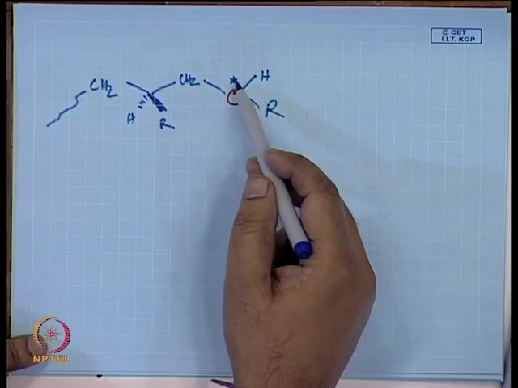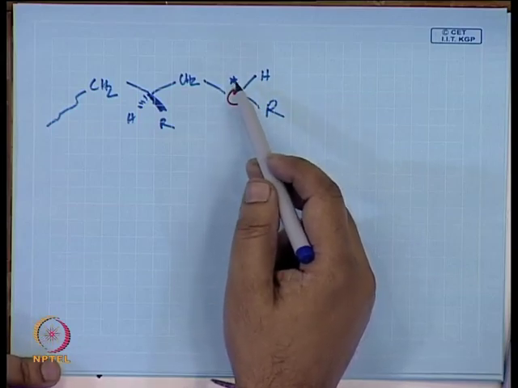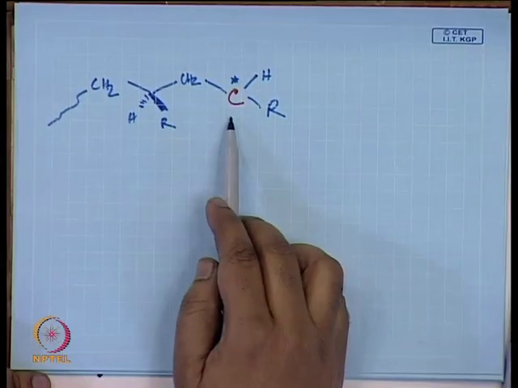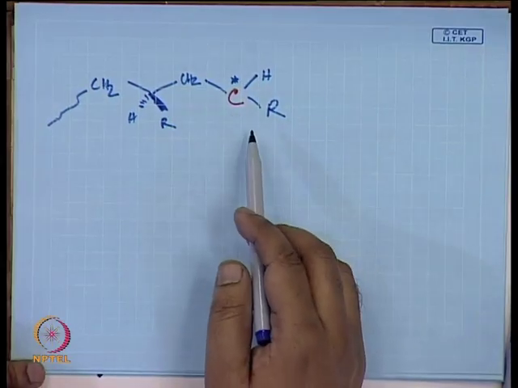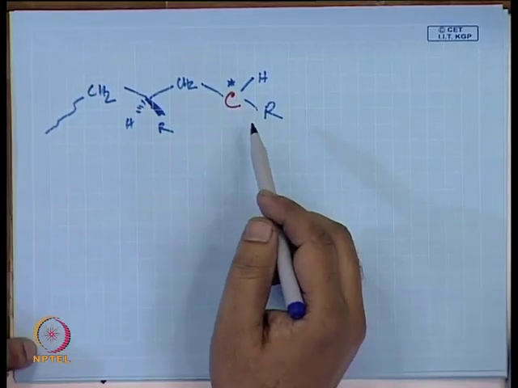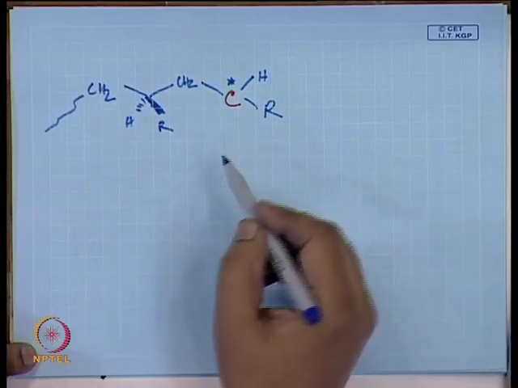Now, it could be a radical, anionic, or cationic. Of course, if you have a cationic center, then you have an anionic counterion. If you have an anionic center, then you have a cationic counterion. Now, what is the geometry of this carbon atom? What is the hybridization?